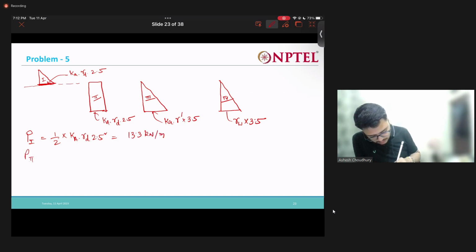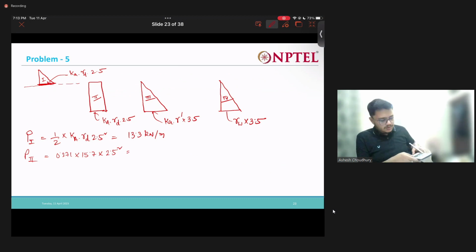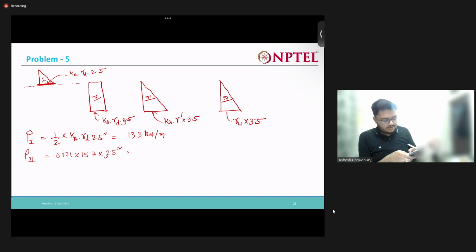Now P2. P2 is 0.271 into gamma d, 15.7, into 2.5, into 3.5, not 3.5 square, because the square will not be there.